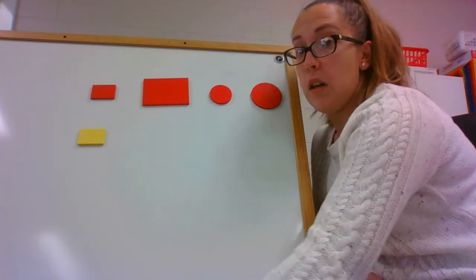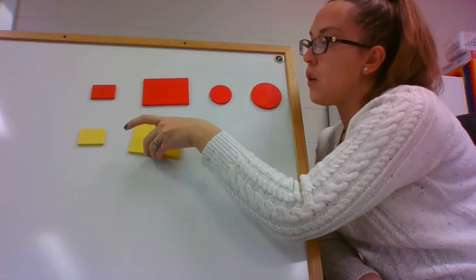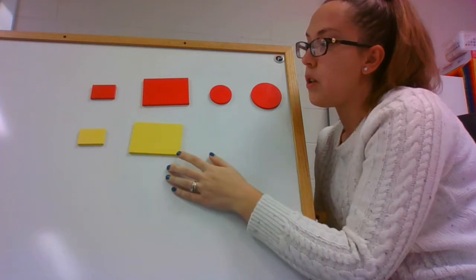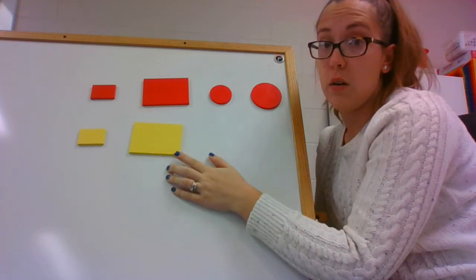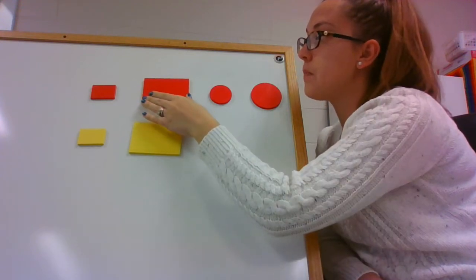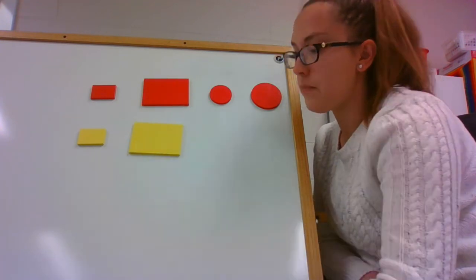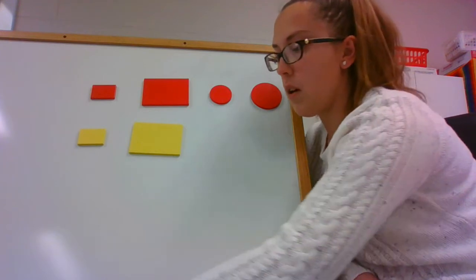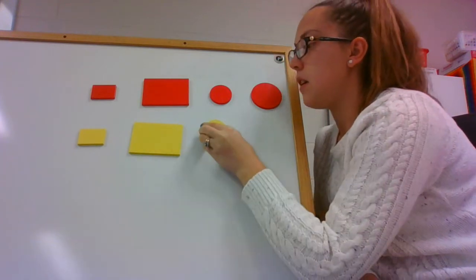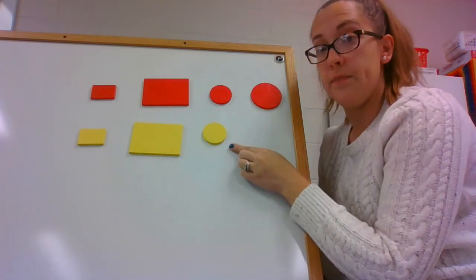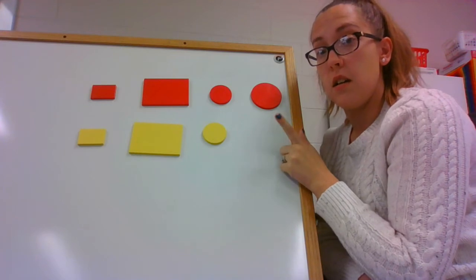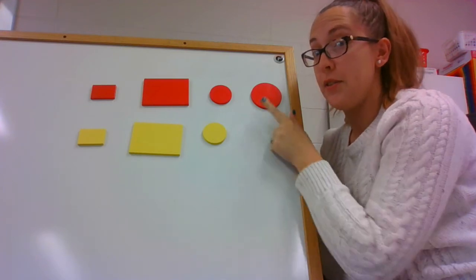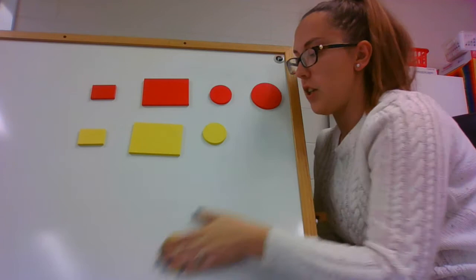Then we're going to put our large yellow rectangle right there. Then what comes next? Yeah, our small yellow circle. And lastly, it's our large yellow circle.